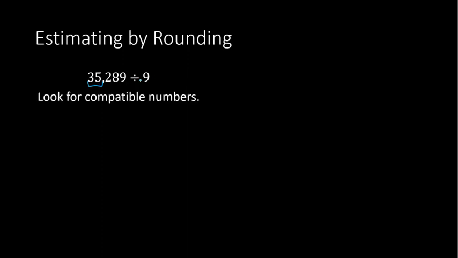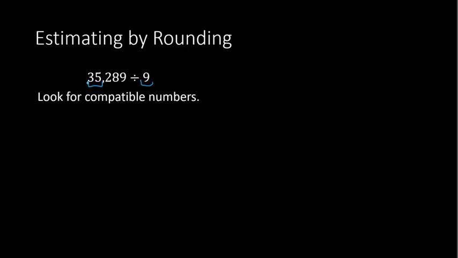Let's take a look at another example. Here we have 35,289 divided by 9. And again, when you are rounding, we can round this big number by looking at the 35. So you're looking for compatible numbers. You look at the 35 and the 9, and you try to figure out what we can divide that's close to 35 divided by 9.